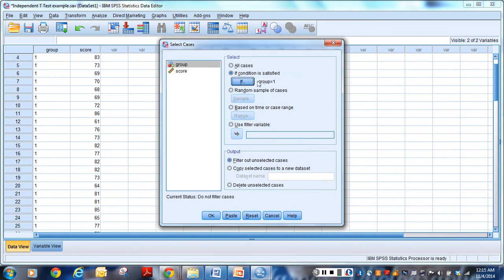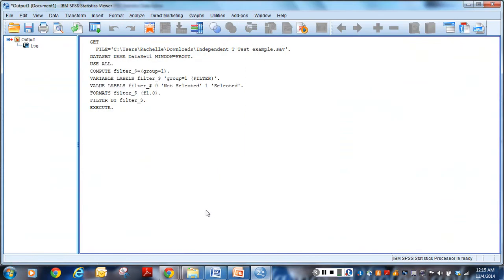Notice that it says if condition is satisfied, group equals 1. That means I'm only focusing on my control group here. I'm going to click OK. Notice that it shows right here that I'm filtering my data. I'm only looking at those that are identified as 1.